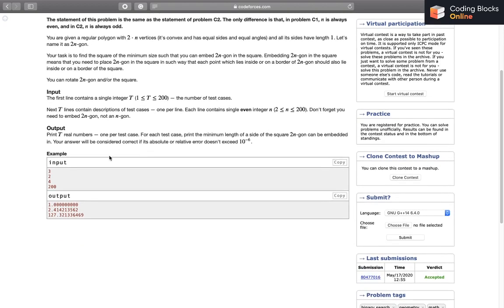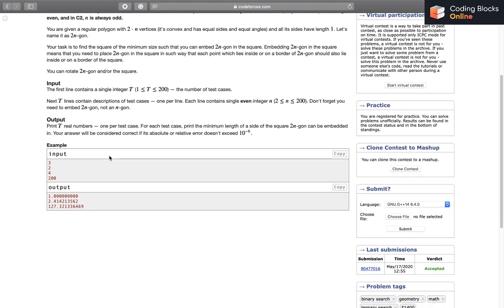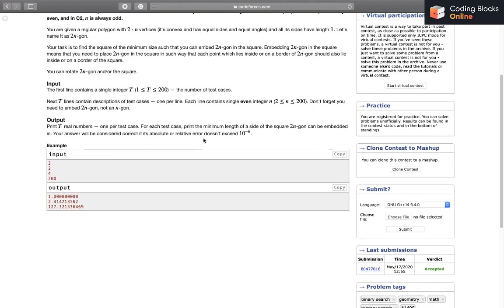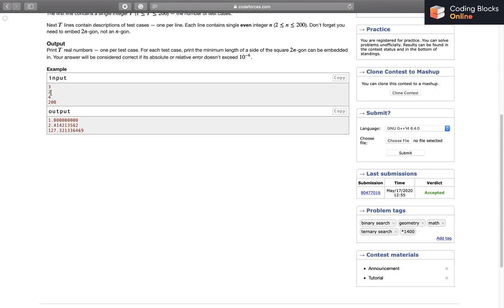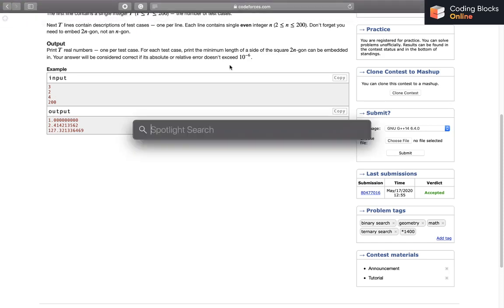We'll print the minimum size that is required for each value of n, and the relative error should not exceed 10 raised to the power minus 6. So let's discuss the solution. For the value of n equal to 2, we know that it's going to be a square of side 1, so the answer will be 1 itself for that particular test case. I hope it's clear. Now I'll be discussing a more general case.